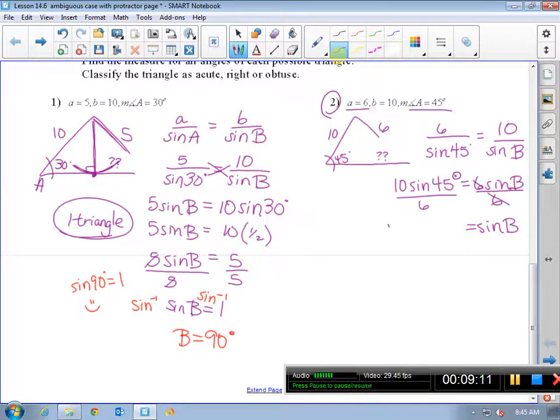I've got that sine of B will equal 1.178511302. The sine being bigger than 1, not possible.